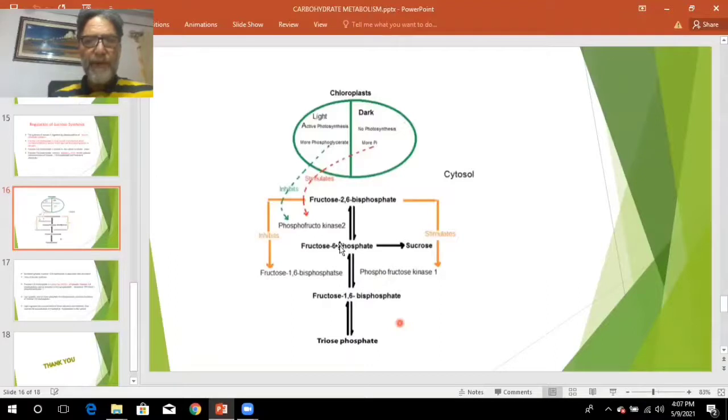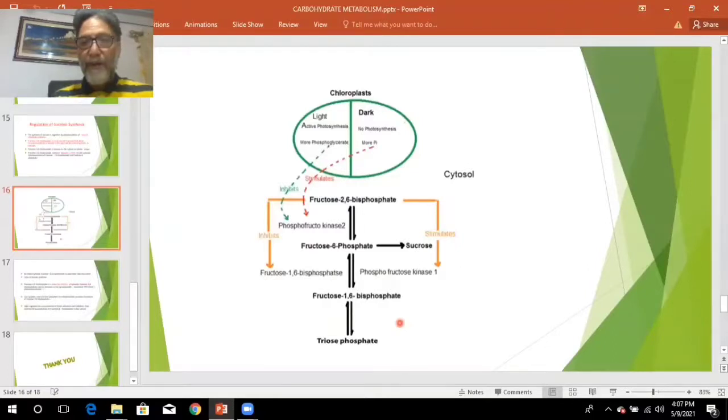That means there will be less availability of fructose 6-phosphate and less sucrose synthesis. At the same time, it has a stimulatory role on phosphofructokinase 1. Having a stimulatory control on it, it will allow the fructose 6-phosphate to be changed to fructose 1,6-bisphosphate. Again, there will be less availability of fructose 6-phosphate and less synthesis of the sucrose.